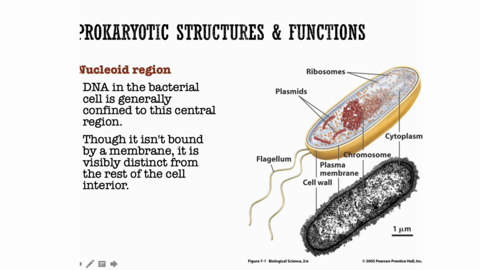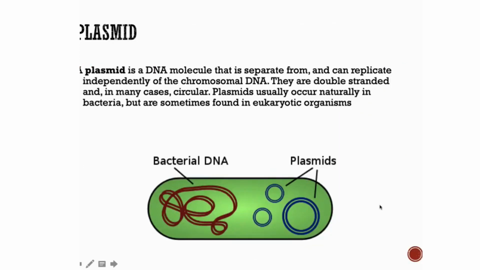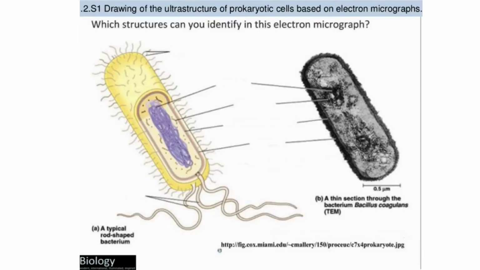The chromosomes and the plasmids are not visible, but chromosomes you can see here. Plasmid is a DNA molecule that is separate from and can replicate independently of the chromosomal DNA, and they're double-stranded and in many cases circular.